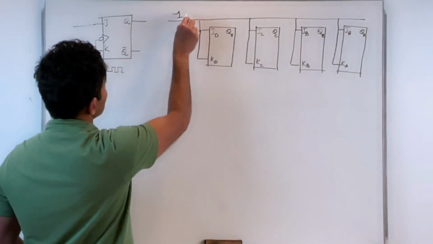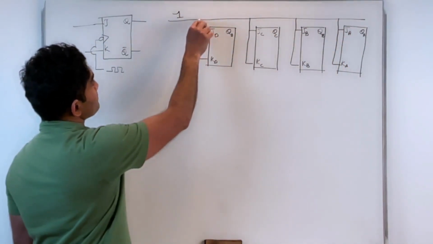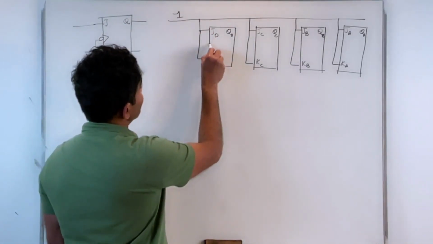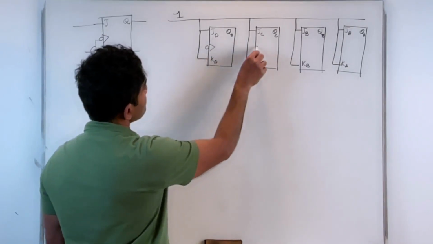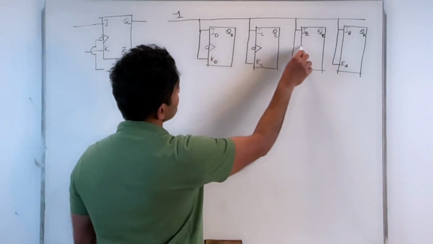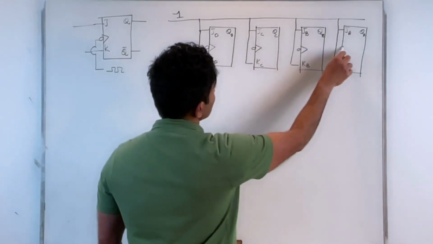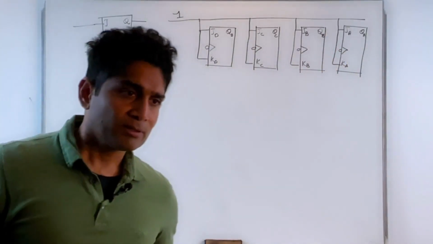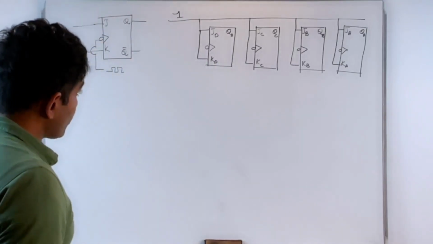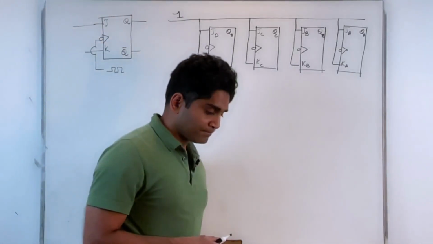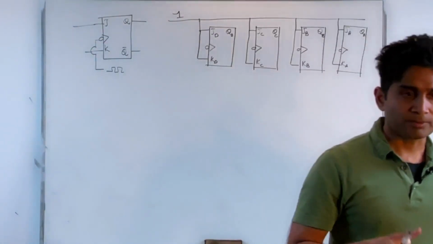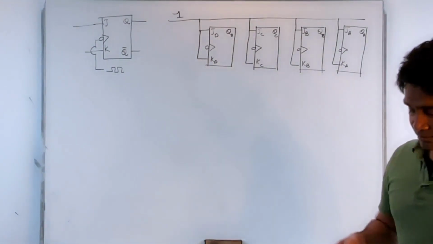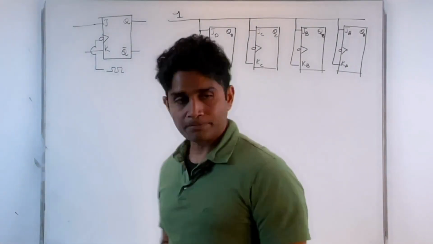That's placing a 1 on this line. Okay, and each of these is a negative edge triggered flip-flop. So now I have configured each of these JK flip-flops in the toggle state by combining J and K values, tying these up and applying a value of 1.